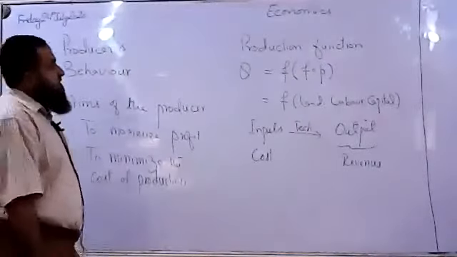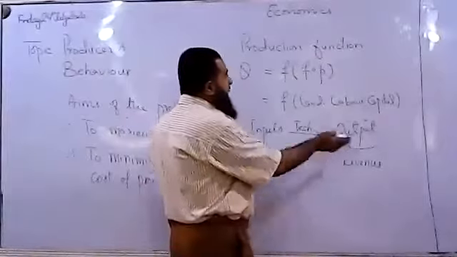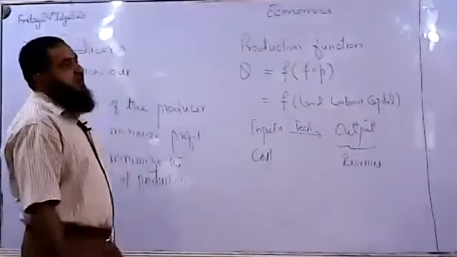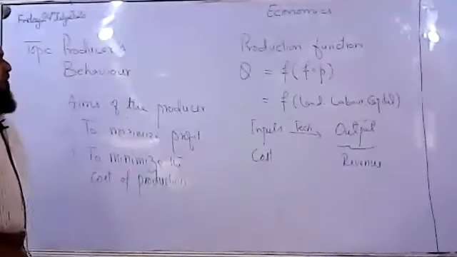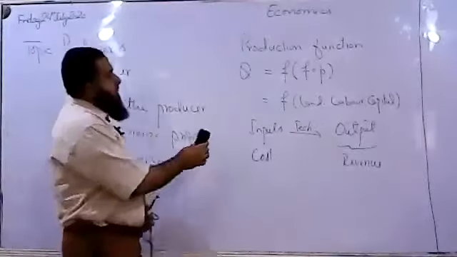So when all these factors of production are paid, whatever is left over from the revenue will be the profit of the producer or entrepreneur. Now we are going to study what are the different types of production function.